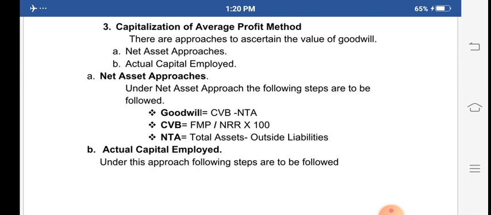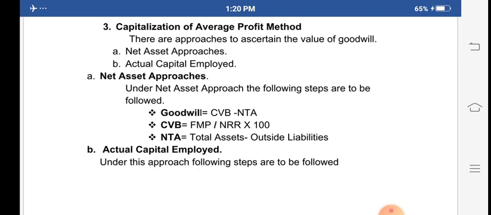Under this net asset approach, how to calculate the value of goodwill? First, see the formula for goodwill. Goodwill is equal to capitalized value of business, CVB, minus NTA.